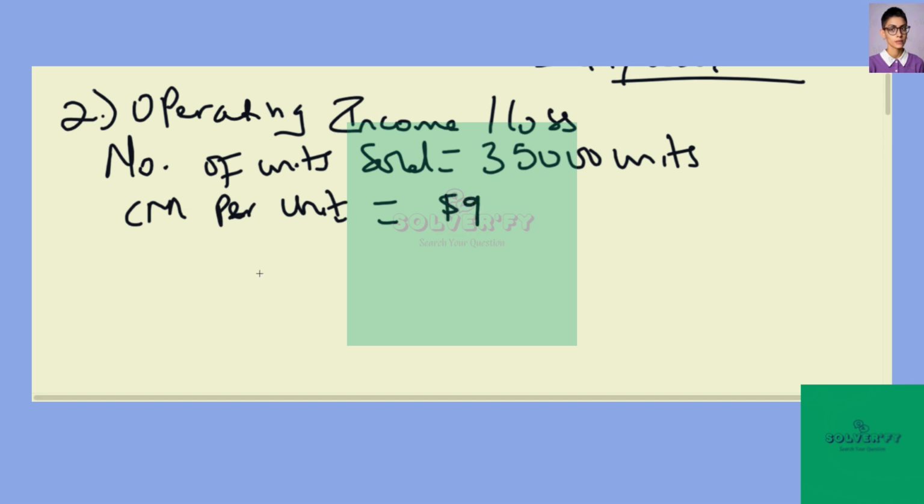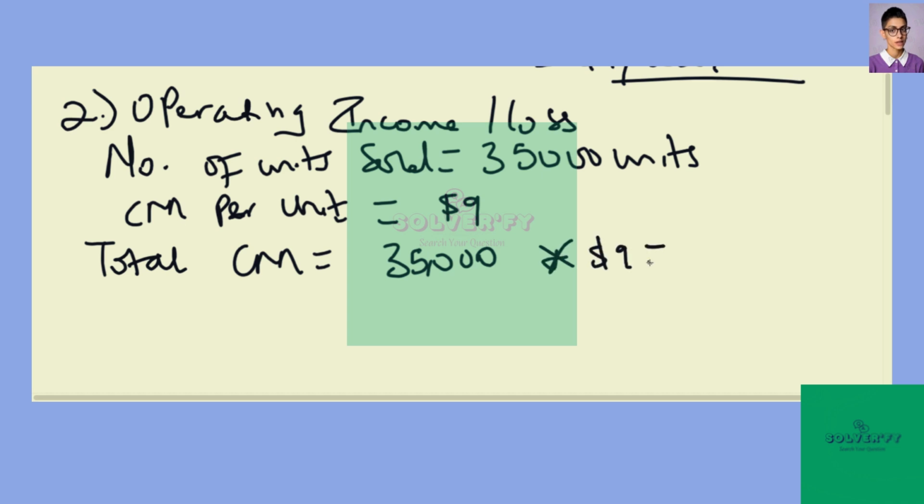Then the total contribution margin will be equal to the number of units times the contribution margin per unit. So 35,000 units multiplied by $9, and that will give you $315,000.